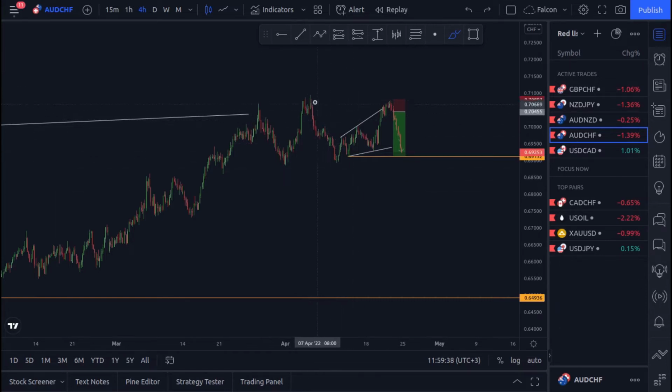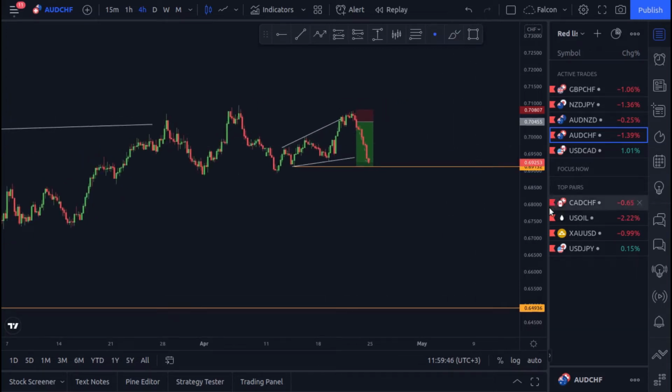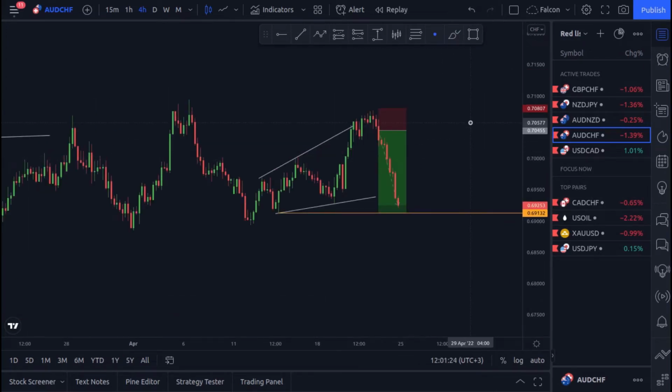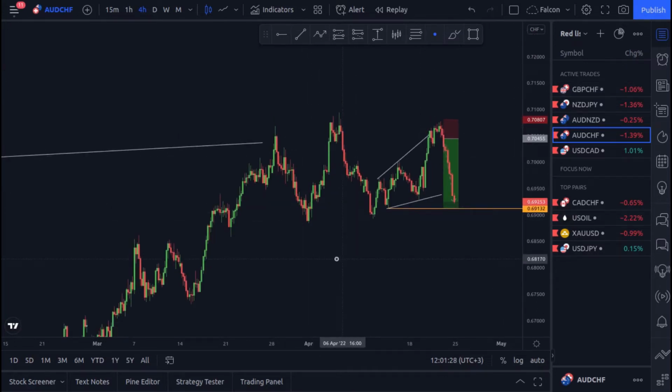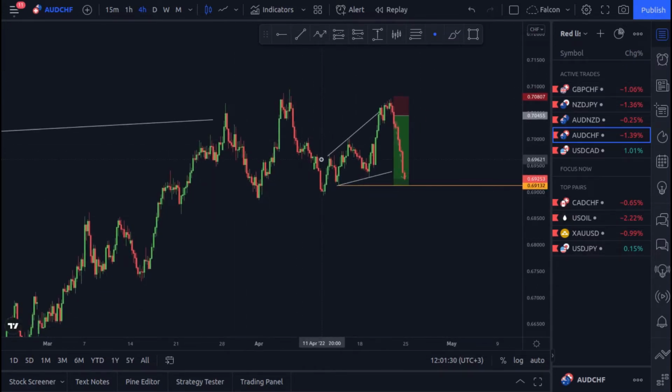So after this reversal, I waited for another correction for me to take it to the downside. As you can see, this is what I got, and that's what we always look for. I did not post this on my Telegram channel. I did not post this, but the analysis itself, I did post the analysis, of which I talked about this correction for the push to the downside.